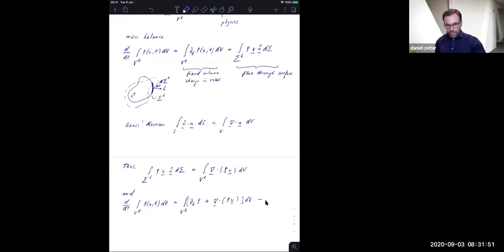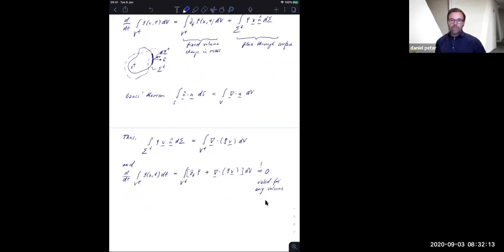That's our rate of change of mass, and this has to be 0. And this has to be valid for any volume. Which means it doesn't matter over what boundaries we integrate. The quantity inside that volume always has to vanish.